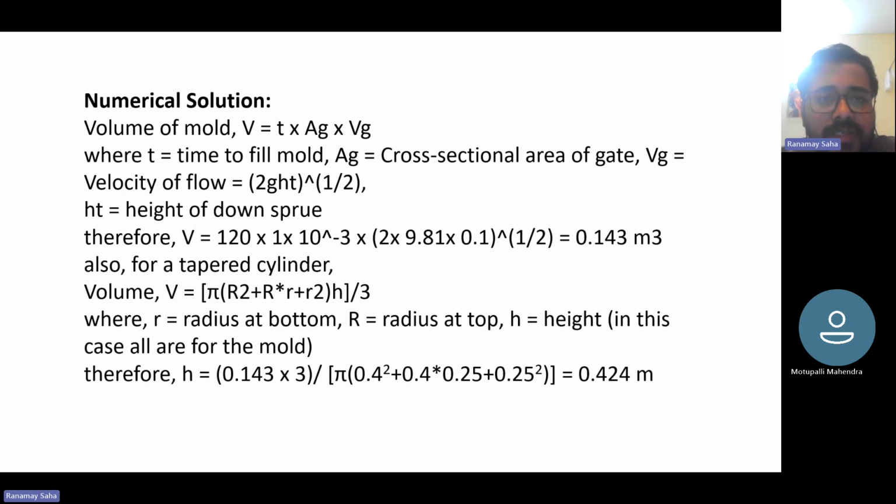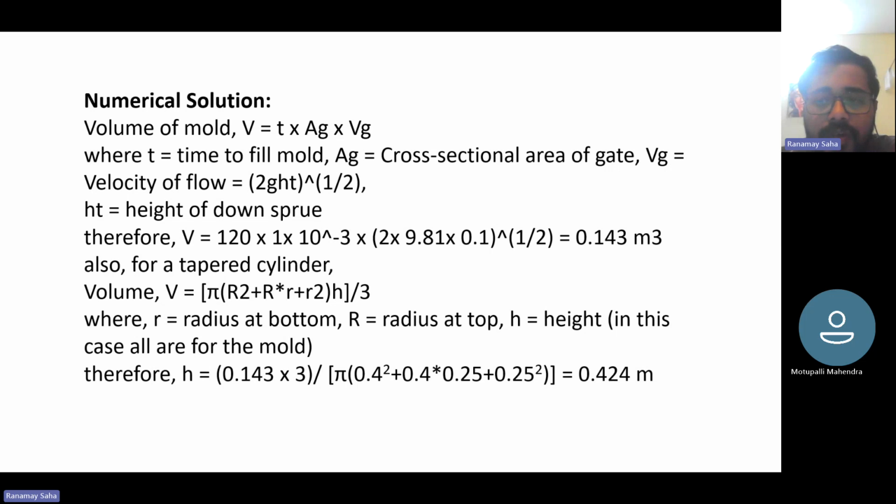T is given by the mold volume divided by the choke area, AG, the gate area in this case, and the velocity of flow, VG, which is given as the square root of twice gH. HT is the total height in this case of the downspout.